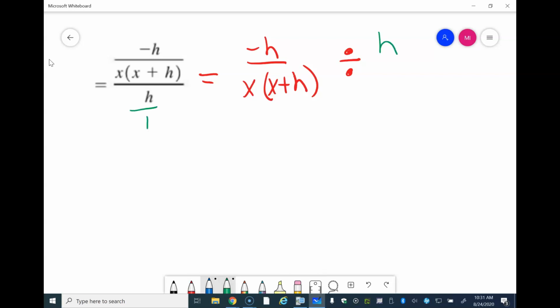So this is going to be h over 1. Remember, anytime you have a number or a variable, you put it over 1, and that changes it into a fraction. So this part here divided by the h over 1.